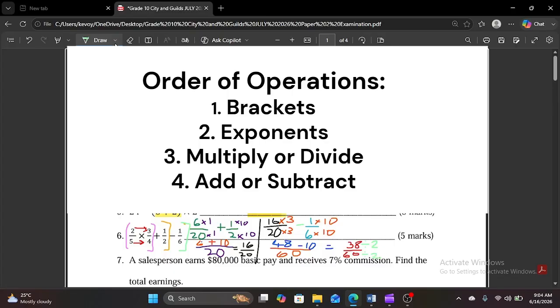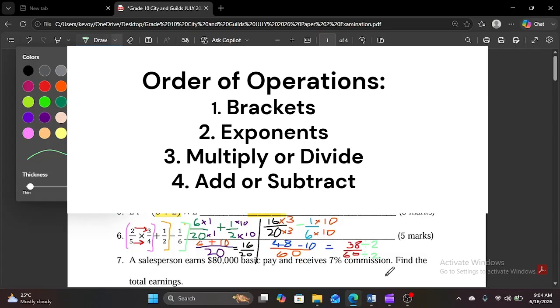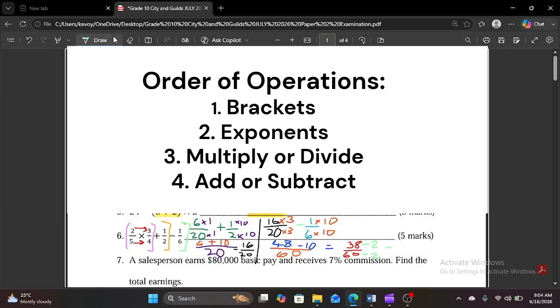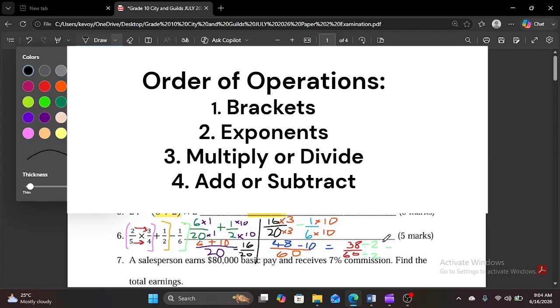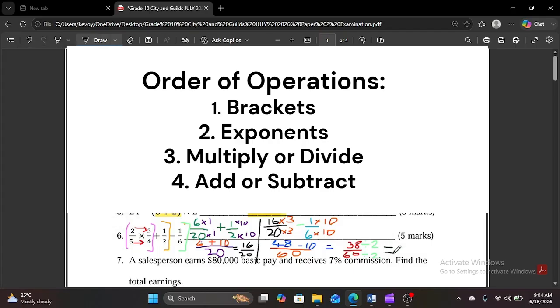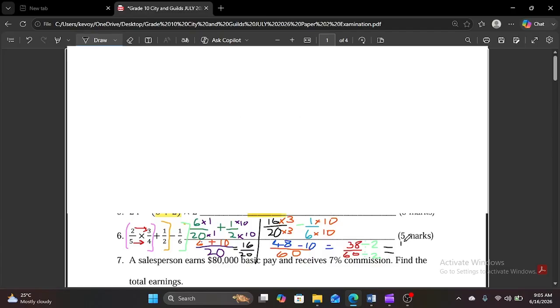So 38 divided by 2 is equal to 19, over 60 divided by 2, which should be equal to 30. So that's going to be your final answer, 19 over 30.